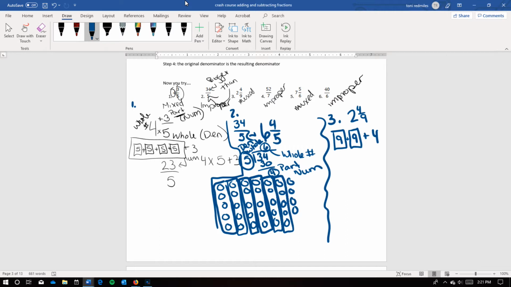So I could add this up and get 22 total. 22 over 9, the denominator never changes. Or I could say, well, if I have 2 bags and there's 9 in each, that's repetitive addition or multiplication plus the 4. 18 plus 4, 22 over 9. Both are the same way. All right, so let's go ahead and erase some of this.